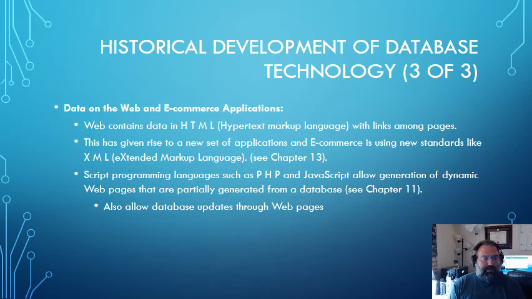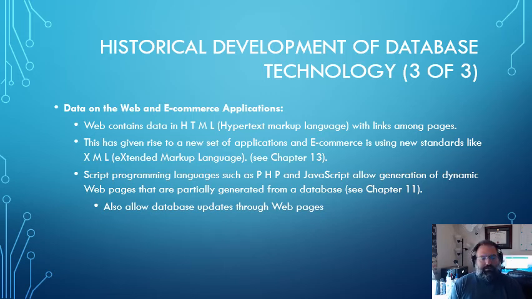And then the database on the web and e-commerce applications. The web contains data typically in HTML or XHTML with links amongst the pages. This has given rise to a new set of applications with standards like XML, which will be covered in Chapter 13. Script programming such as PHP, JavaScript, Node.js, Angular, lots of emerging ones, allows for the generation of dynamic web pages that are partially generated from a database, or maybe they're getting their data from the database in an asynchronous fashion.